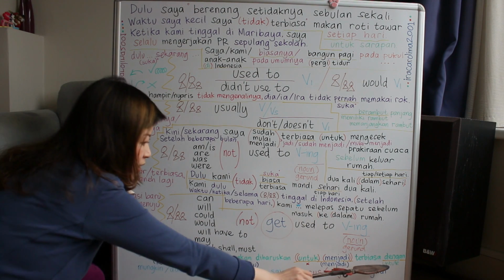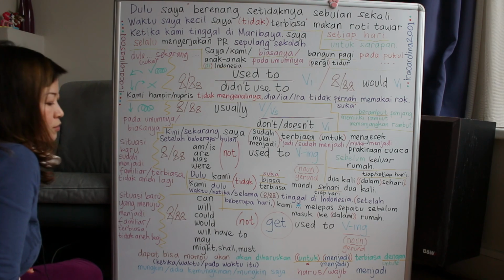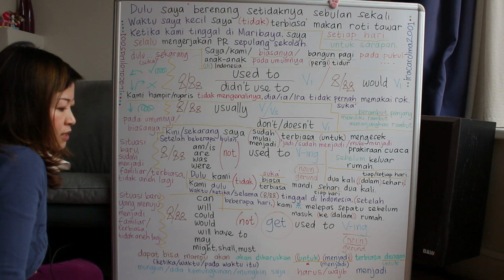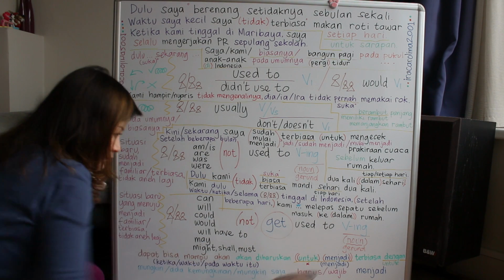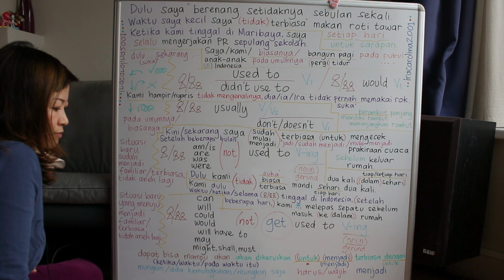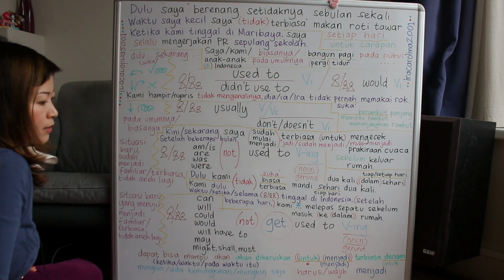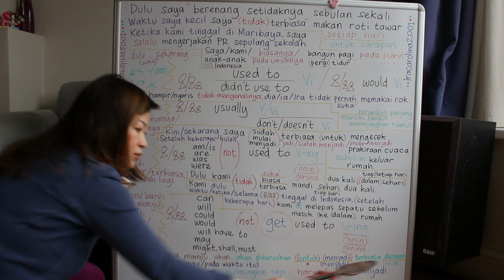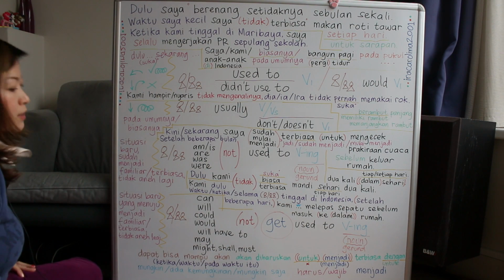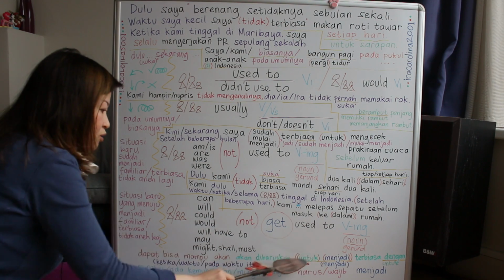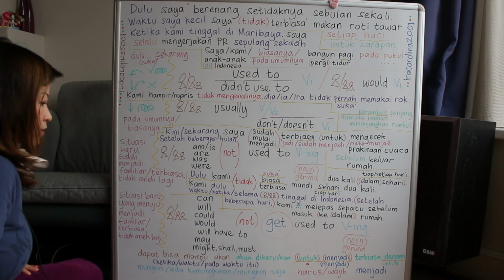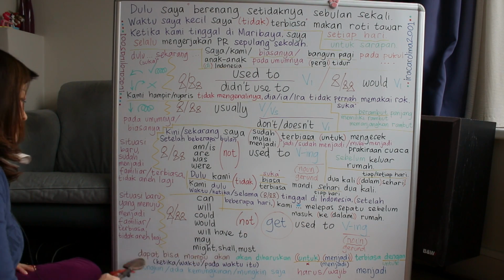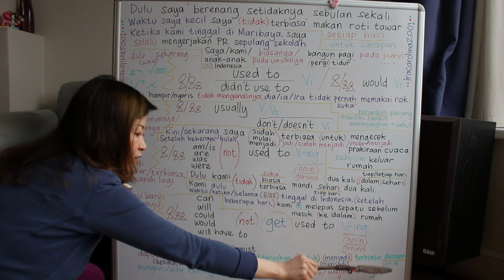If you use untuk here, terbiasa untuk, you cannot use untuk here. You can just add the menjadi. If you already use untuk here, this one has to be dengan; if you want to use untuk, you cannot use untuk here. Yeah. That's why I think it's a bit complicated if I add this one for these words. So this I suggest for this one, and this can be with dengan or untuk.